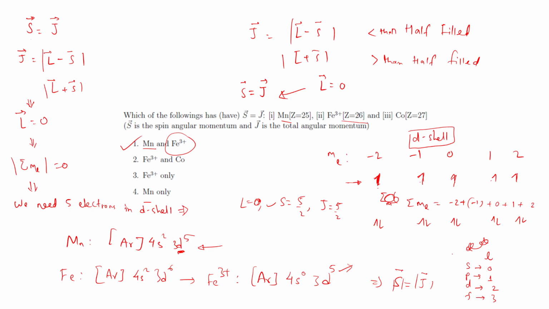You know this, right? Yes. And the ML values: for S it is just 0, for P it is minus 1, 0, 1, for D it is minus 2, minus 1, 0, 1, 2. You understood this? Yes, I got it. Okay, thank you, sir.